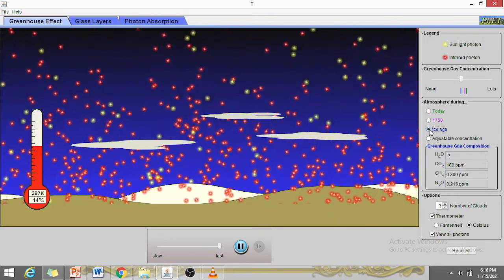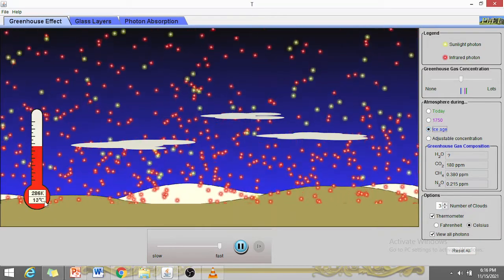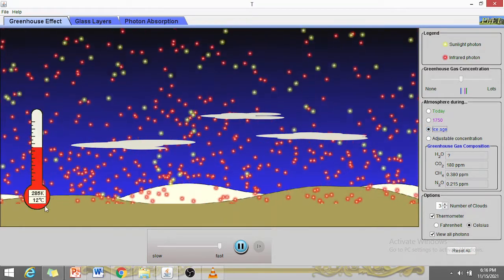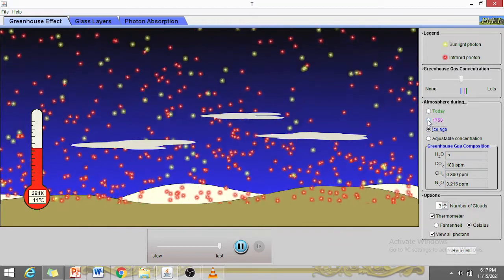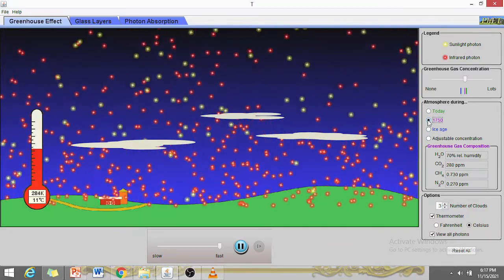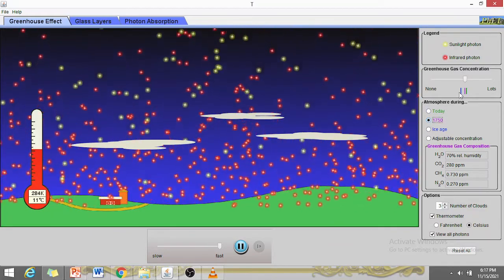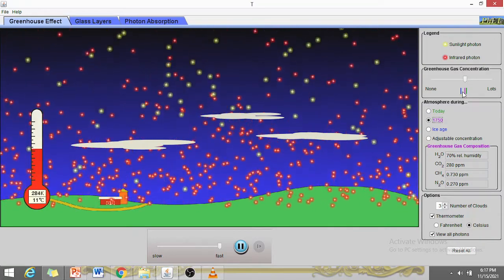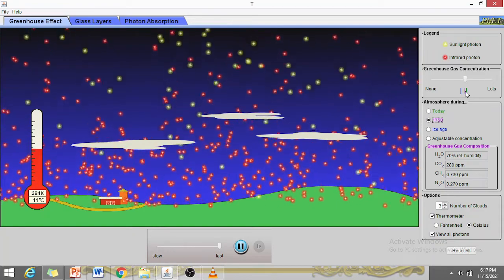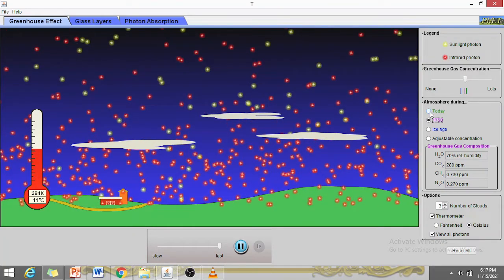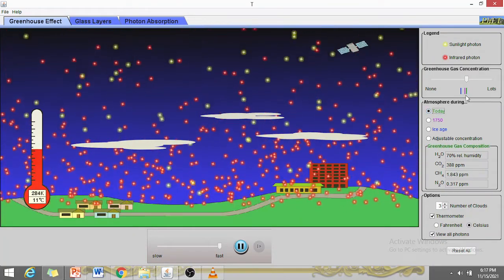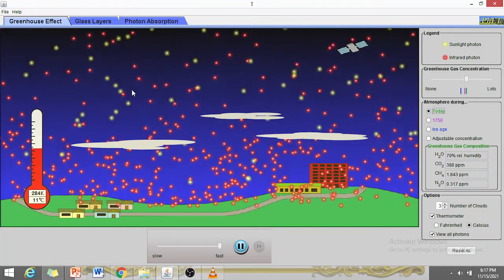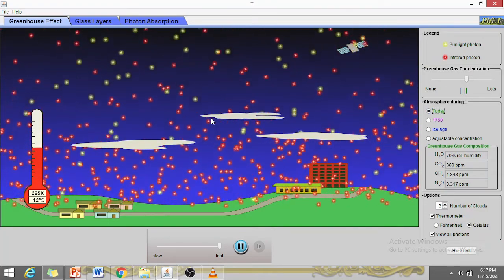So, kung makikita nyo, bumababa yung kanyang temperature. Noong 1750, medyo tumaas na. Okay, dito, simula sa Ice Age, ito yung concentration. Noong 1750, yan yung concentration until today. So far, this is a simulation showing the concentration of greenhouse gases in our atmosphere.